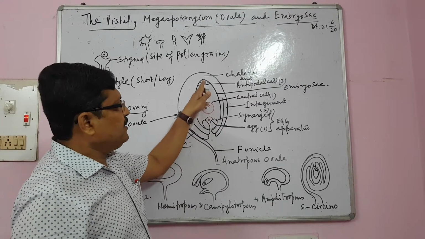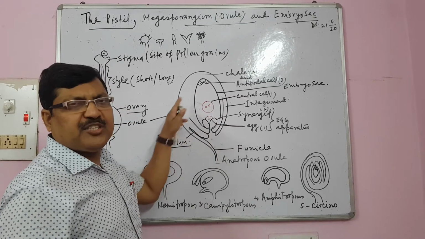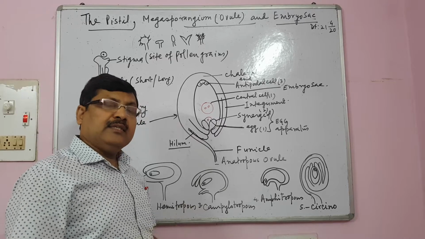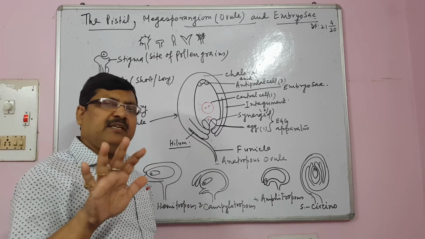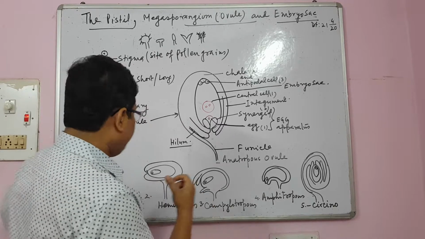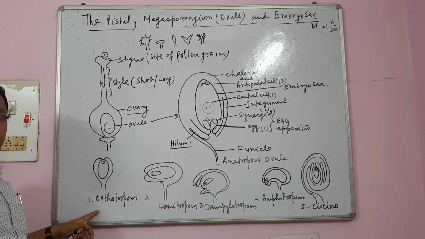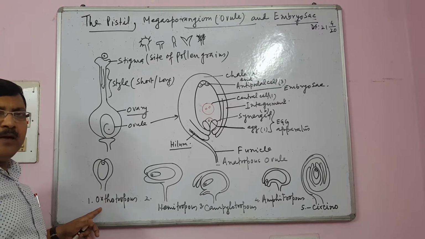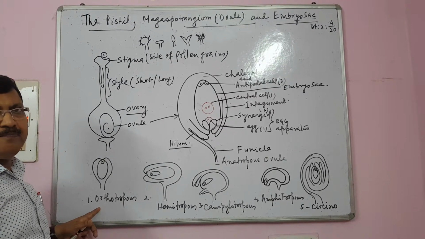So now, this is the well-developed structure of an anatropous ovule. There are mainly five shapes of the ovule. The first is the orthotropous. This is a very good example of the gymnospermic ovule.